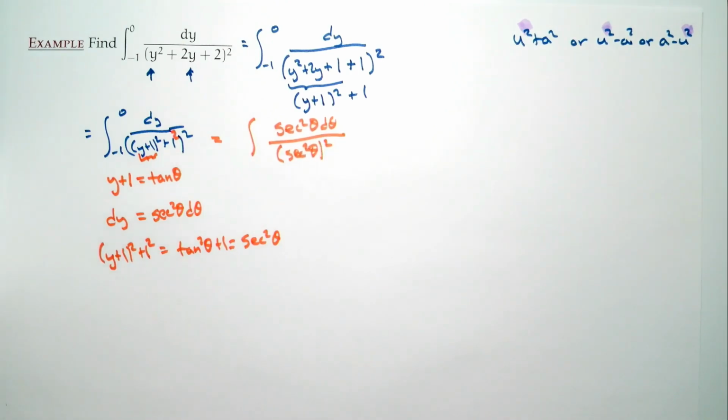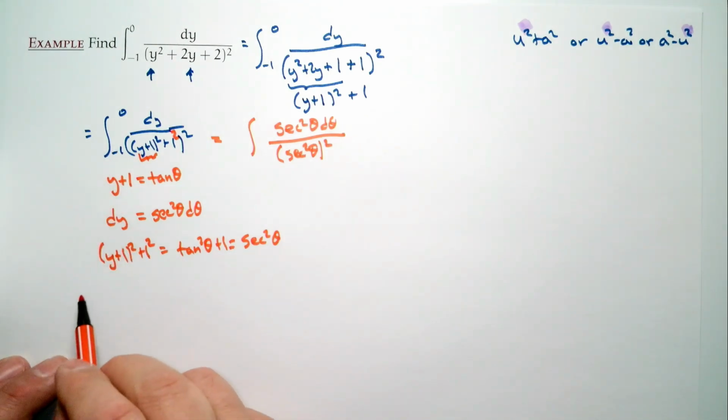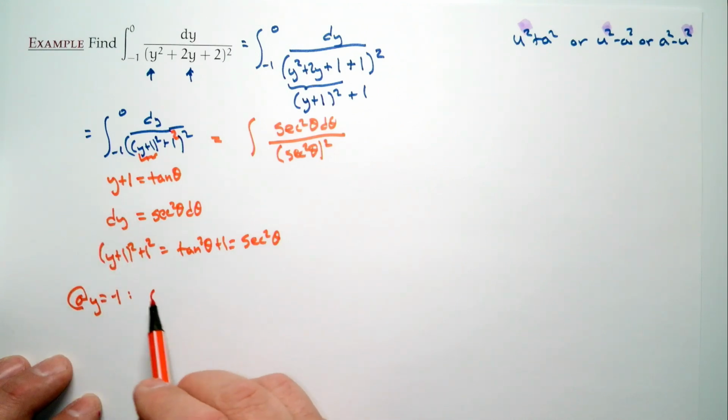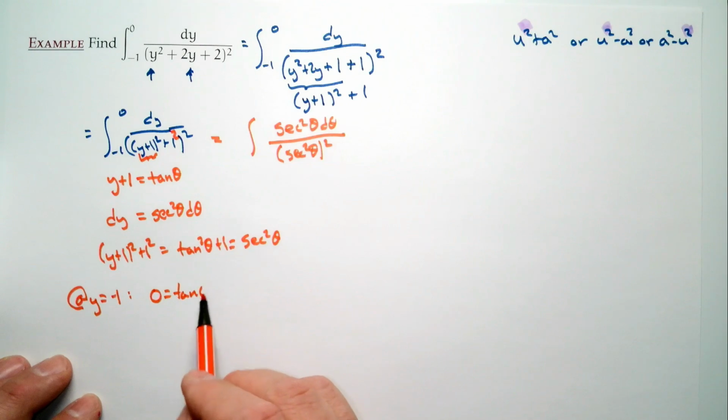What else do we need to do? Are we done? The bounds. This is a definite integral. When you have a definite integral, you need to update the bounds. So, let's talk about our bounds. At y equals -1, we get that 0 equals tangent theta.